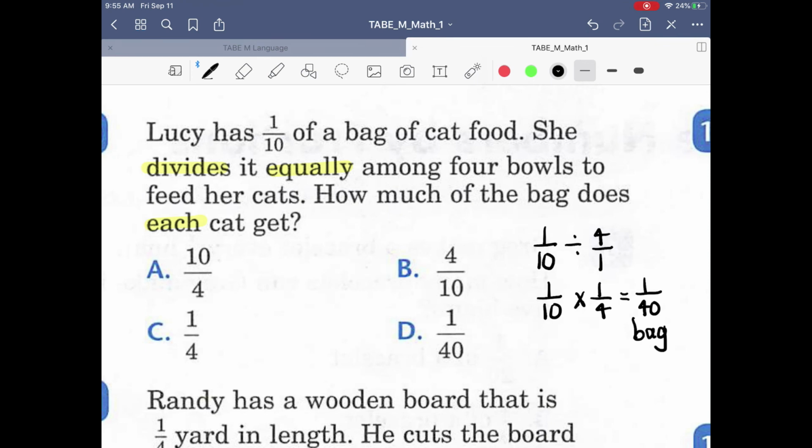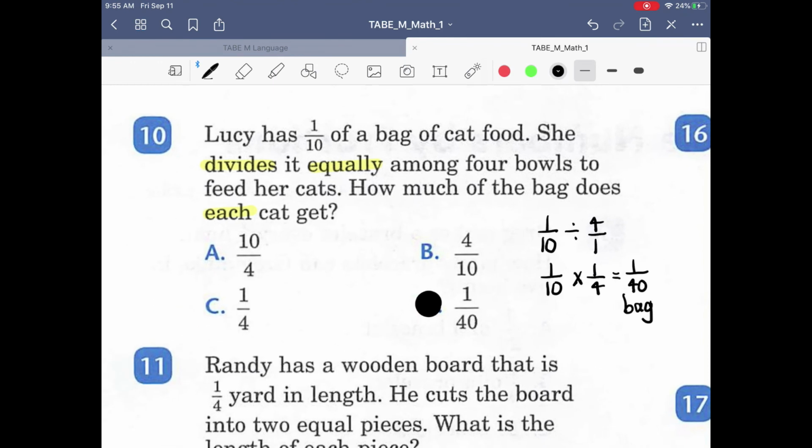So each cat's bowl will have 1/40 of the bag. If you divided the whole bag 40 ways, each cat's bowl would have 1/40. Answer to number 10 is D.